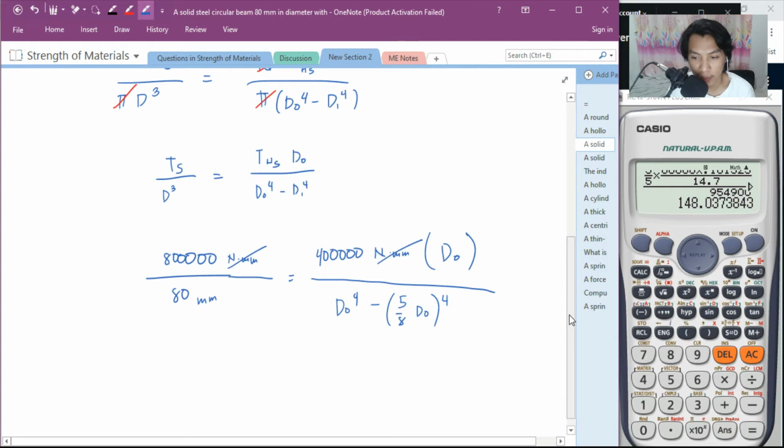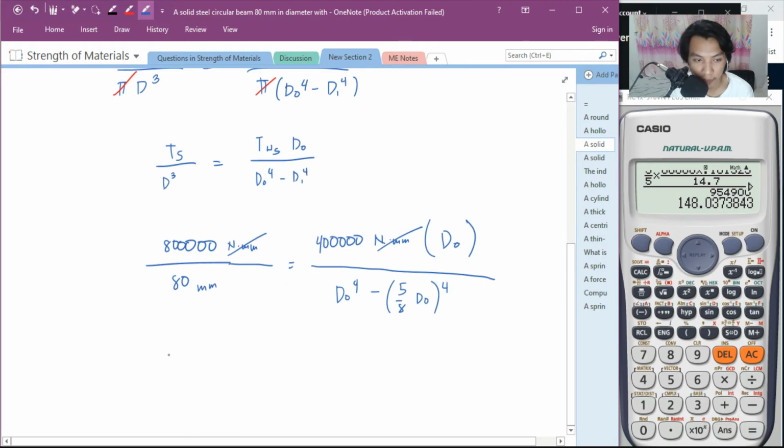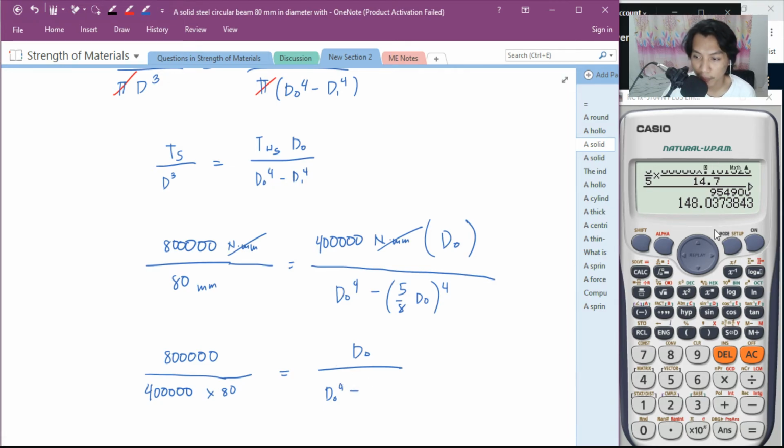So, let me combine first before simplifying. 800,000 divided by 400,000 times 80 is equal to Do over Do to the fourth minus 5/8 raised to 4.